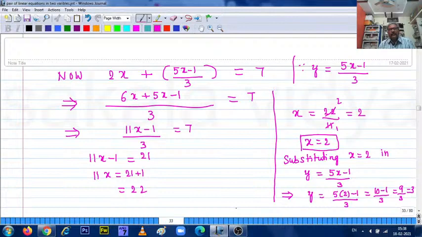Therefore x equals 2 and y equals 3. So we have solved these equations using the substitution method.